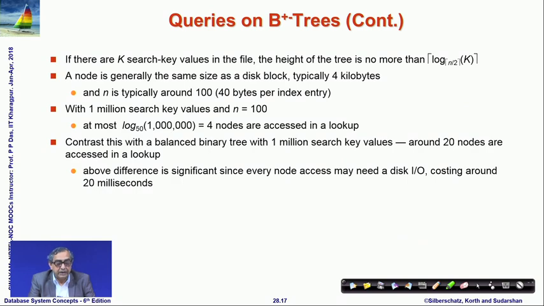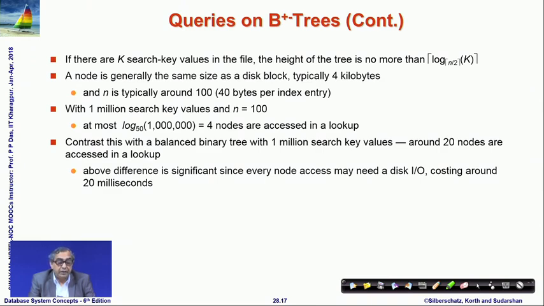If that is the size, then n will be around 100, because if 4 kilobytes is the total space, and I assume 40 bytes per index entry, which is very typical, then n would be about 100.